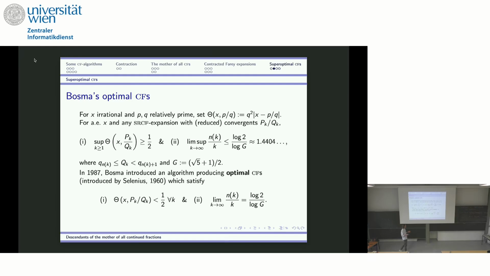So it gives you a geometric algorithm to produce these expansions from scratch. And these satisfy basically the optimal case in both 1 and 2 here. So all of the approximation coefficients are less than 1/2. And this limit of the growth rate is actually equal to log 2 over log g. It's equal to this upper bound. So the optimal continued fractions give you the best approximations and the fastest convergence among all semi-regular continued fraction expansions.